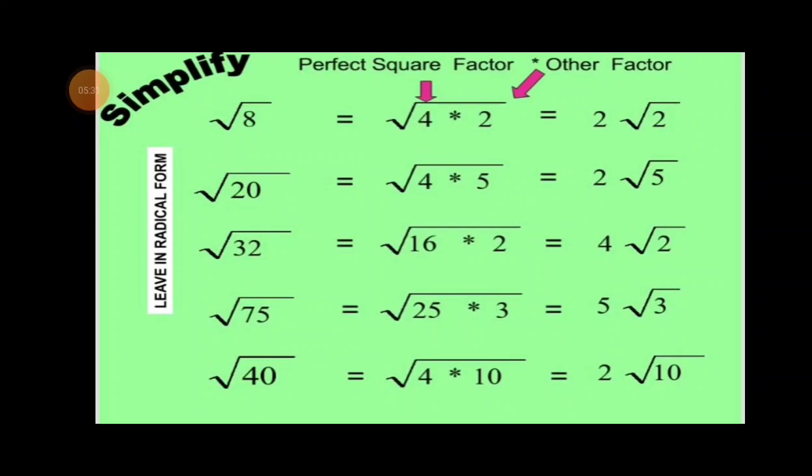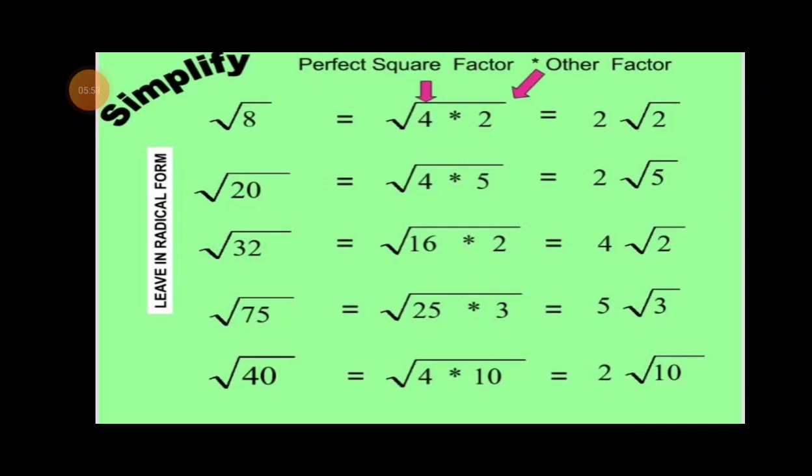Then another example is the square root of 20. So we have the square root of 20 is equal to 4 times 5, because 4 times 5 equals 20. And those are the numbers we're using to multiply to result in 20.